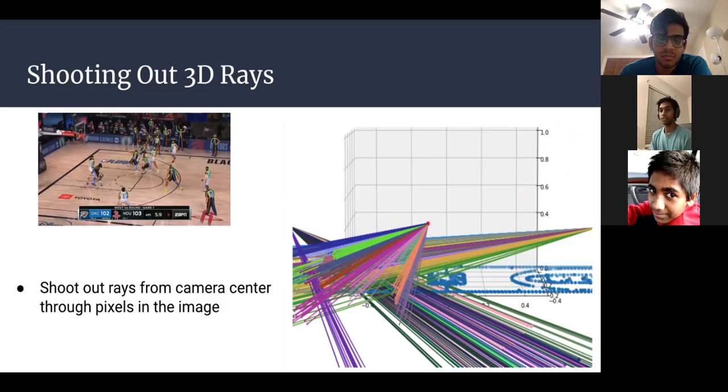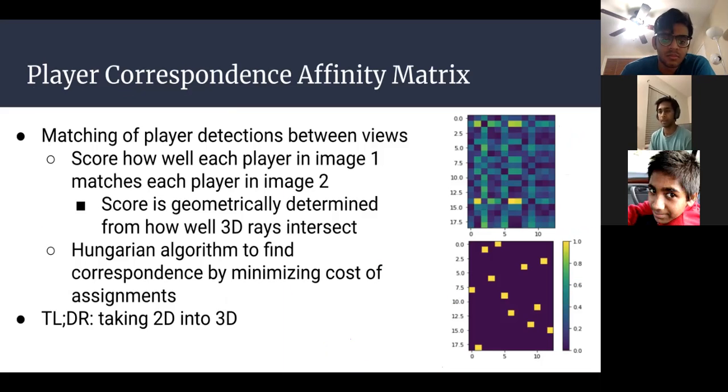So finally, we need to take these 2D key points into 3D. So the way that we did this was we shot out rays from the camera center through the pixels of the image, and it's like going out into space. And then next slide, from different views. So for this, we have many players in image 1 and image 2, and we need to find the correspondences between the views in order to go from 2D to 3D.